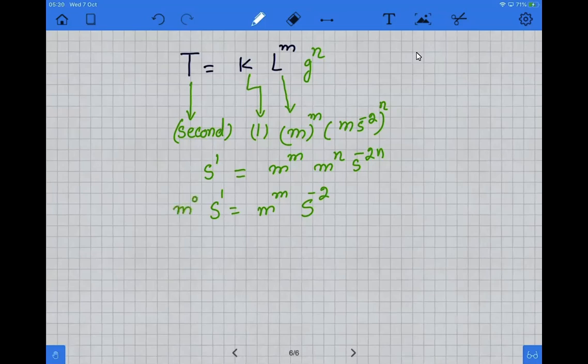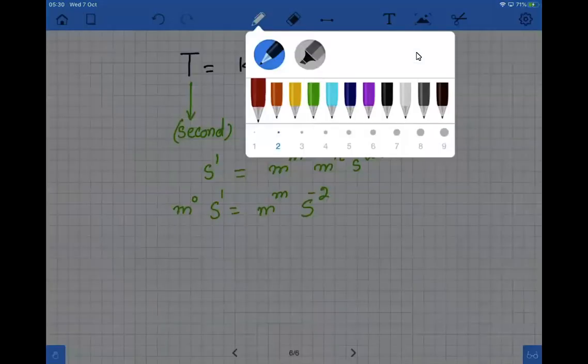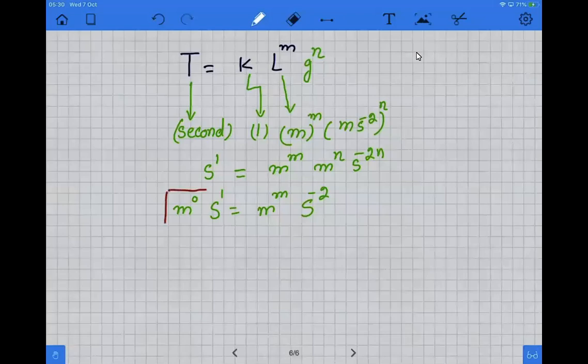Now if you solve it, equate the bases on the two sides. Meter power m plus n.